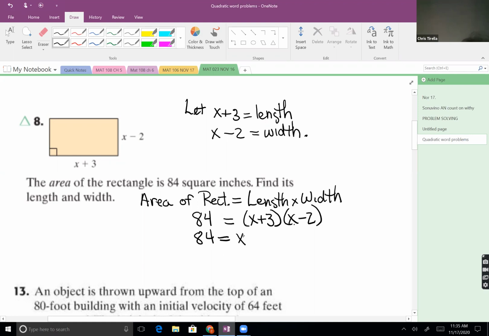First, x squared, outer, minus 2x, inner, plus 3x, last, minus 6, gives me 84 equals x squared plus x minus 6. Now, because we've got that exponent, we want to make the other side 0.